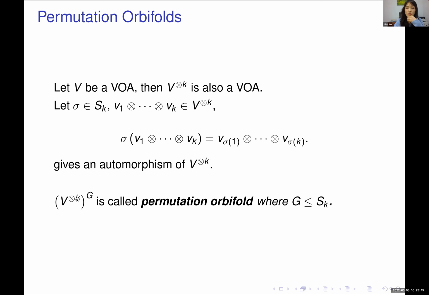Now, if we consider this tensor product VOA under this group G, then this orbifold is called the permutation orbifold. So you see that for any VOA, you can consider the tensor products, so you can always have such a permutation orbifold. And the permutation orbifold itself also reflects the properties of the original VOA. So you see that it's not really a special type of VOA. So this is another reason that we want to study permutation orbifolds.